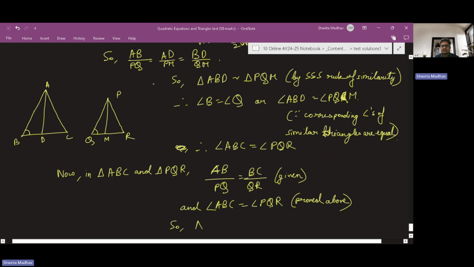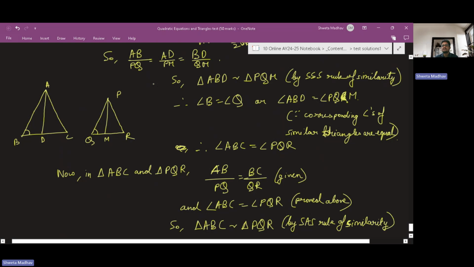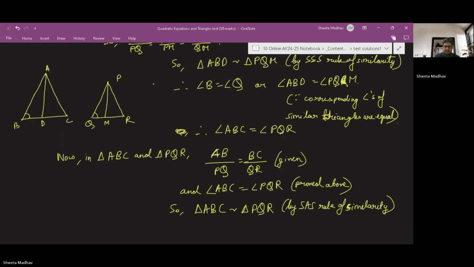So hence you can say triangle ABC is similar to triangle PQR by the SAS rule of similarity, or by the SAS similarity criteria. So hence proved.